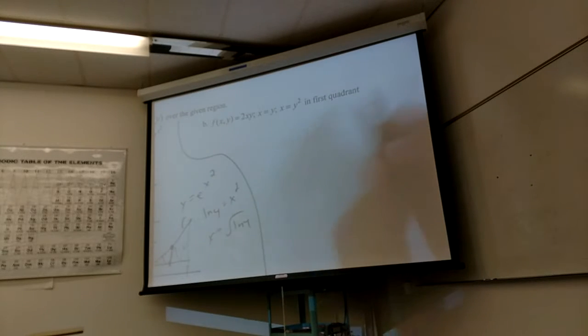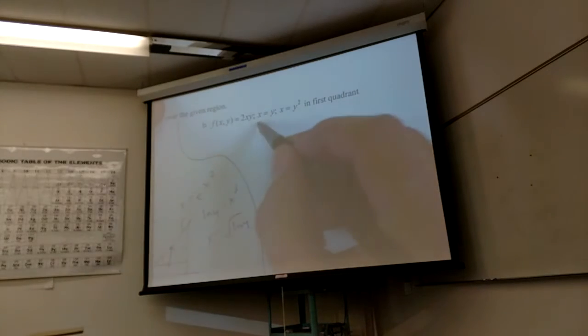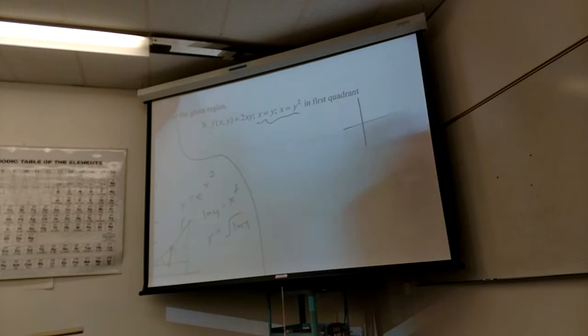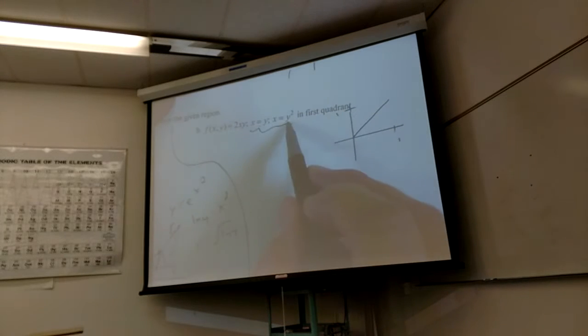All right. So this one I definitely want to sketch, because it didn't really give me enough information about where things are meeting here. So x equals y, that's nice. x equals y squared. Just to jump to the chase here, you should be able to see that that's going to meet at 0,0 and 1,1.